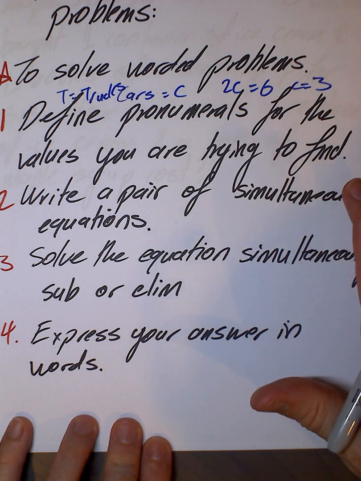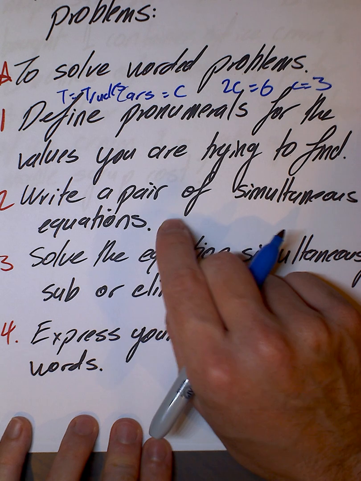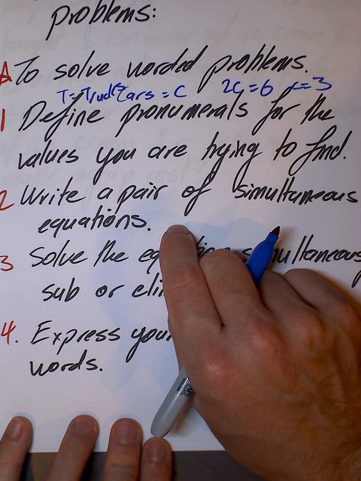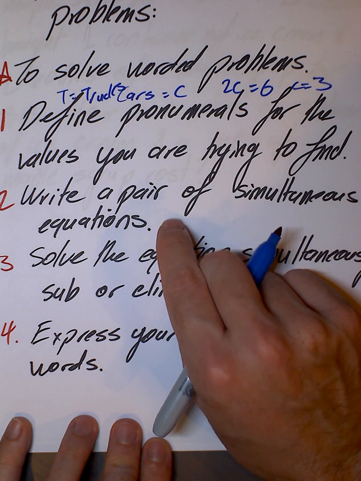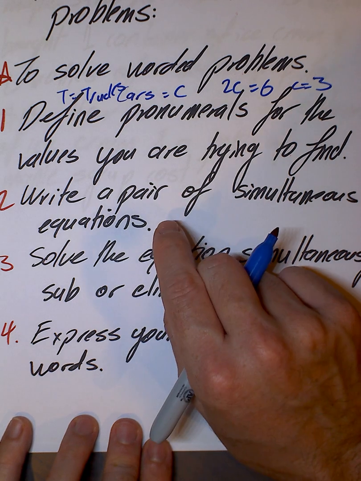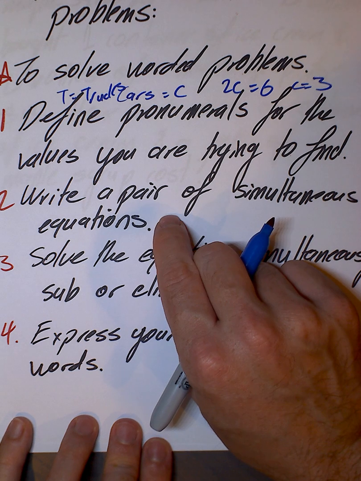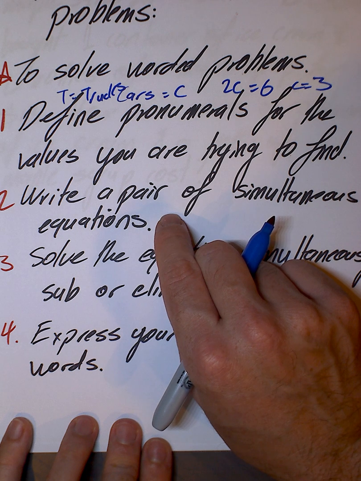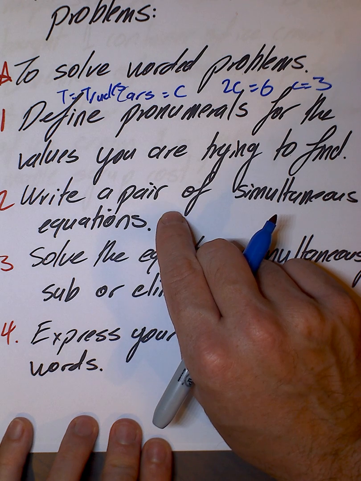That's always really tough, and I find students struggle with this step the most. My suggestion is you read the question two, three, four times. It doesn't matter how long it takes, read it slowly, don't rush it, and build your equations based off it. Everything in the question is there. They wouldn't give you the question otherwise. So all the information is there, you just need to read it carefully.